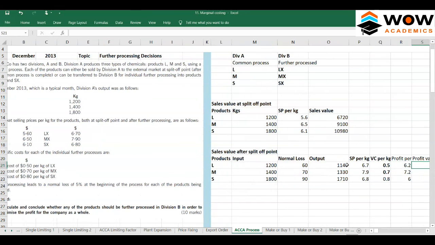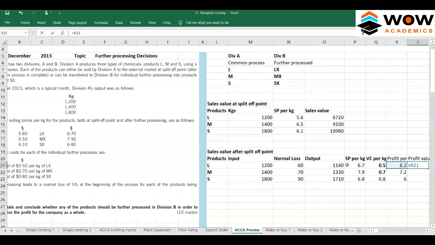When we multiply the profit per unit into the output, it is automatically computed. So we got the answer. We can now compare. Which is higher, L or LX? LX is still higher. M or MX? MX is still higher. S or SX? S is higher.